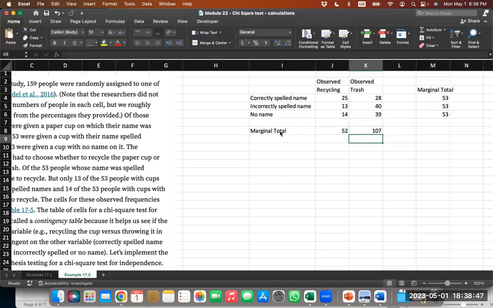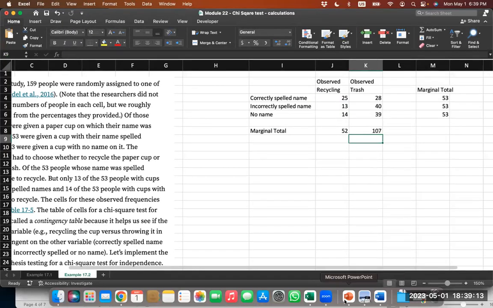And what we see here is the shocking truth that not many individuals recycle the paper cup. What do we also see? We see that there seems to be less recycling, and there seems to be quite some difference in terms of recycling as per the spelling of the name. And this is this association we want to test now statistically.